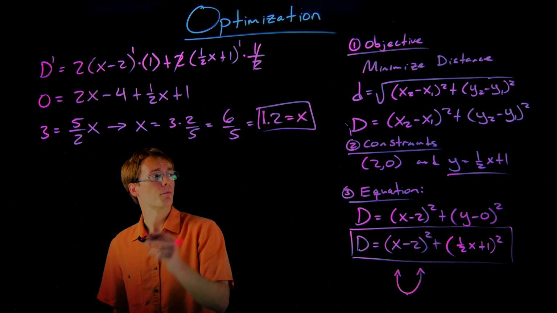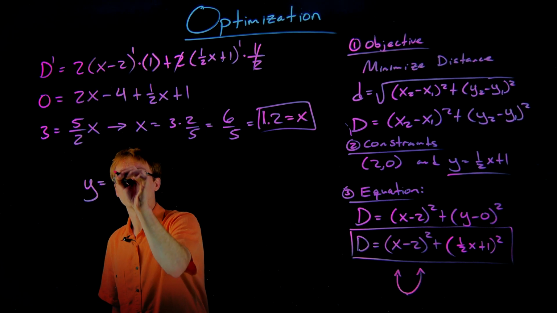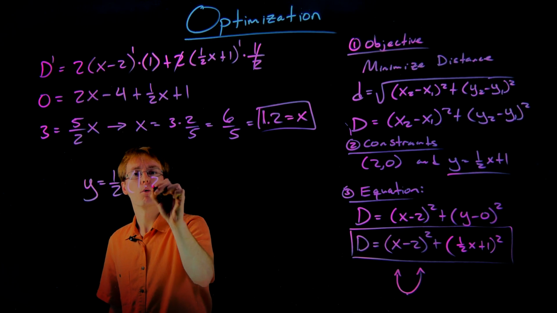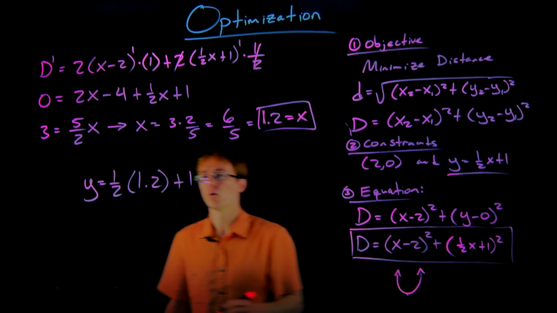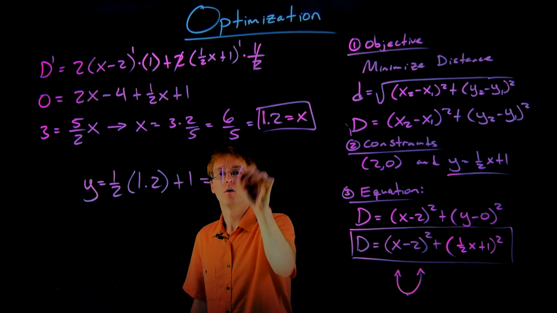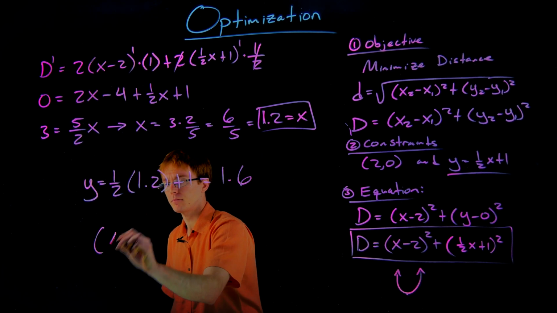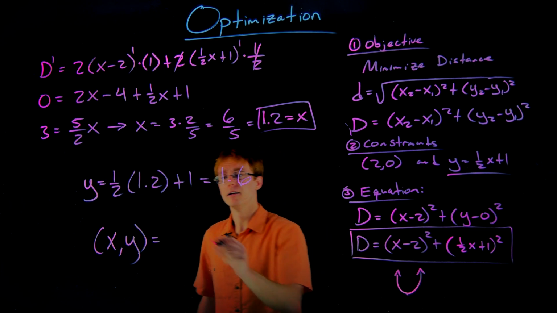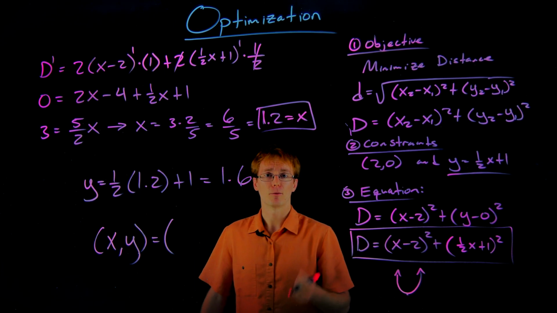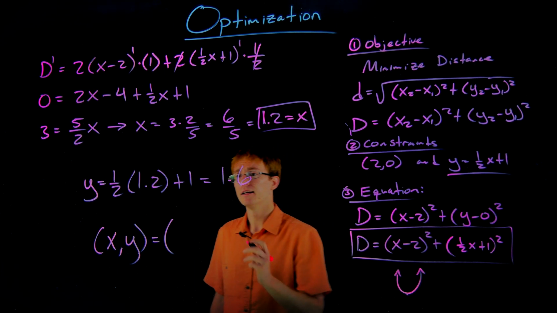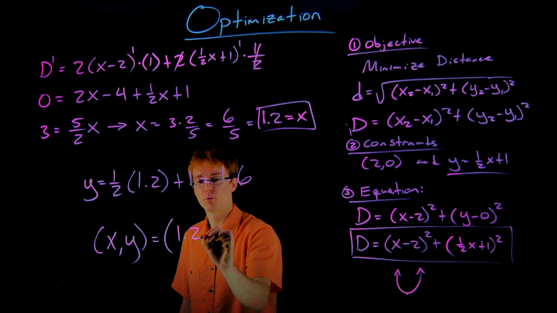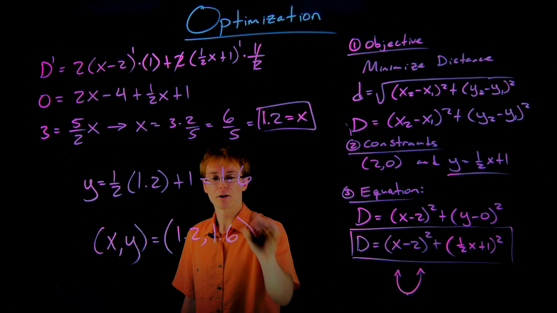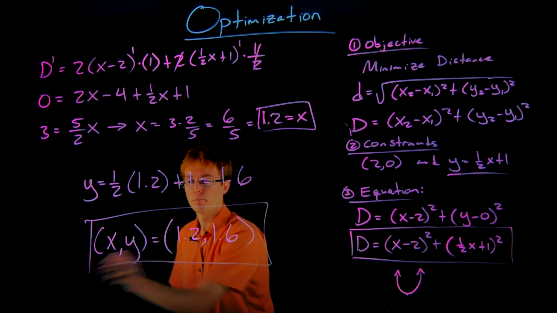So if x is 1.2, y is going to be 1/2 of 1.2 plus 1, or 0.6 plus 1, or 1.6. So our final answer, the actual point (x, y) that minimizes the distance from our curve to the point (2, 0), is going to be the point with an x coordinate of 1.2 and a y coordinate of 1.6.